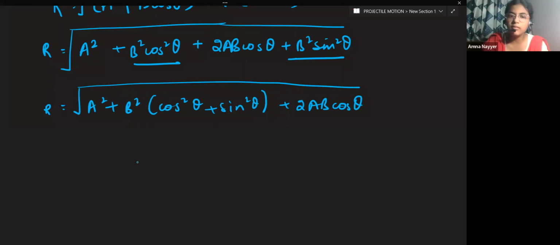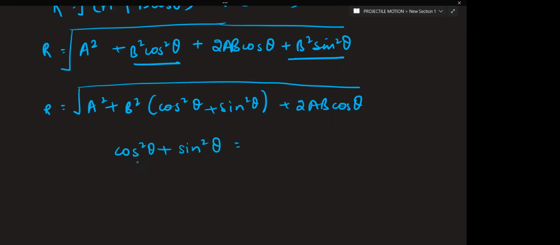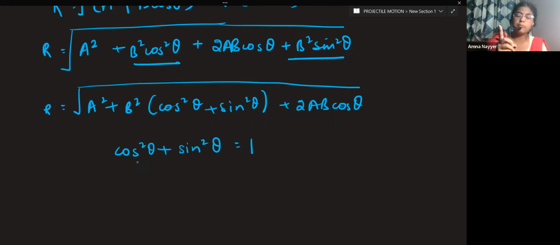So yes, can anyone tell me what is cos square theta plus sine square theta? 1. This is an identity. So Maha just has biology, no? So Maha, learn this identity, because these few identities you need to remember.